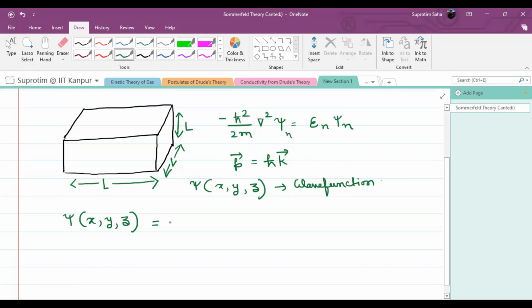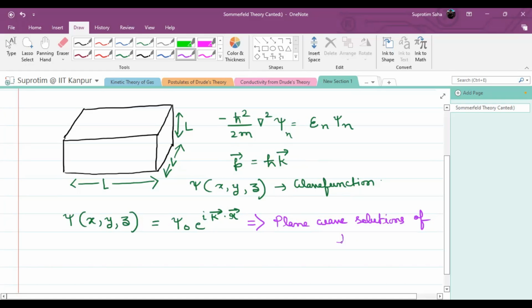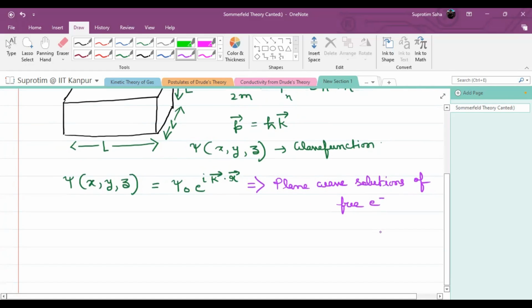So we take the form of the wave function as plane wave solutions, plane wave solutions of free electron, because the electrons are free to move about inside this cubical box.